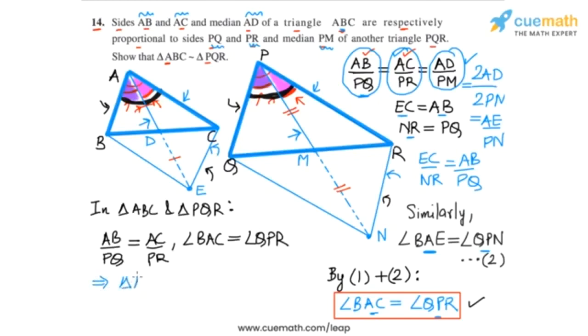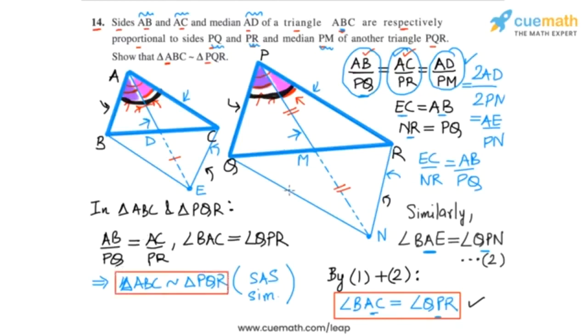So triangle ABC is similar to triangle PQR using the SAS similarity criterion. Okay, so that completes our proof. This is what we had to show, that triangle ABC and triangle PQR are similar.